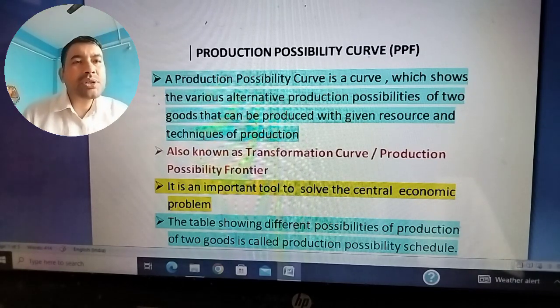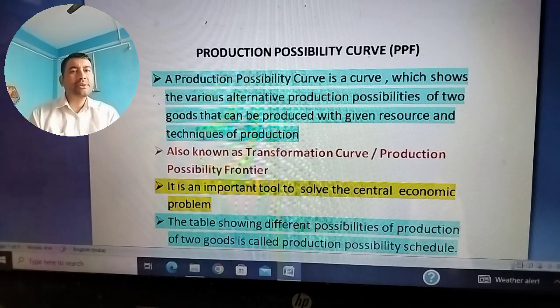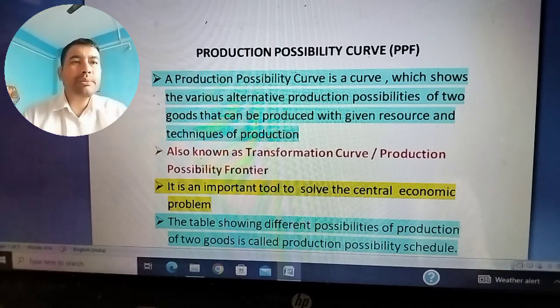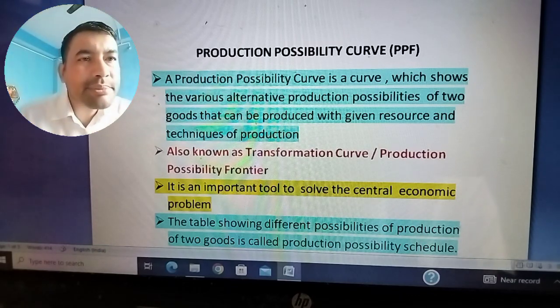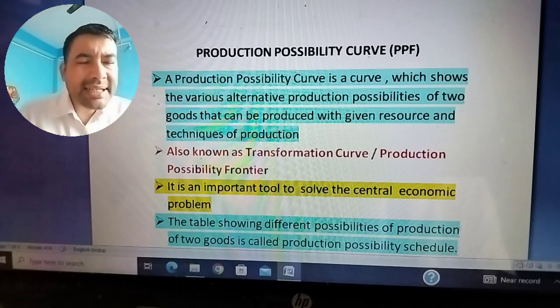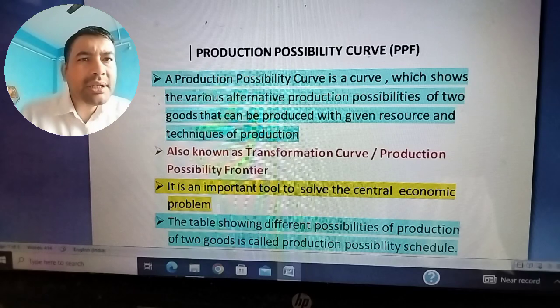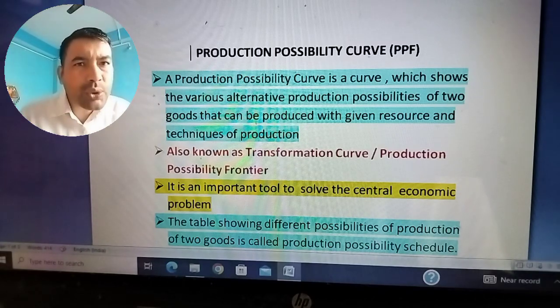So production possibility curve is a curve or a locus which shows the various alternative production possibilities of two commodities, say X and Y, that can be produced with given resources and techniques of production. Okay, it may be 10-8, it may be 12-6, it may be 14-4, like that.